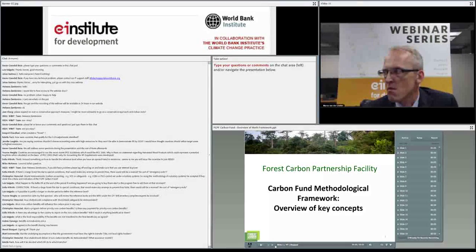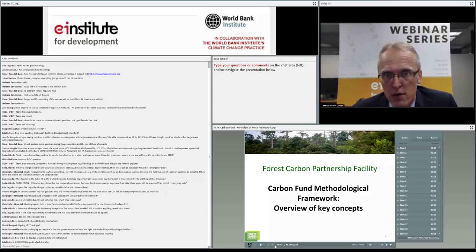So the discussion on pricing in the Carbon Fund is still ongoing, but it's very clear that there's not going to be a premium payment for the priority non-carbon benefits. But it is an important selection criterion.